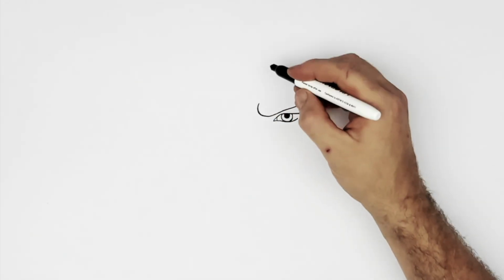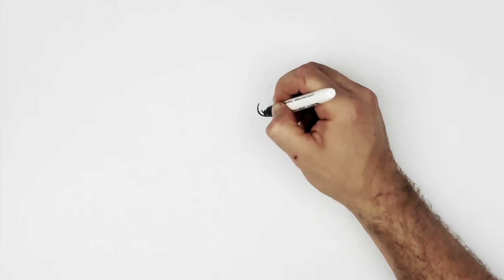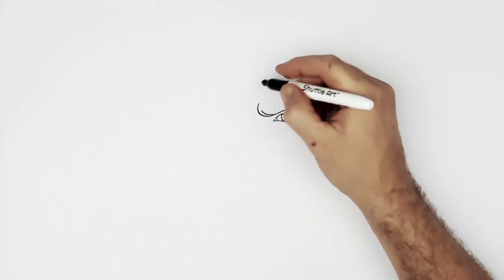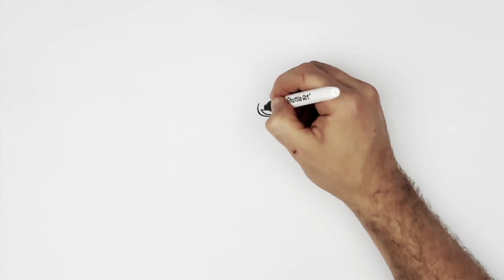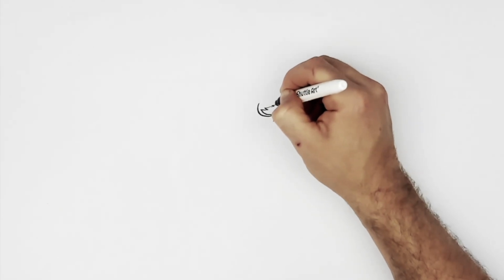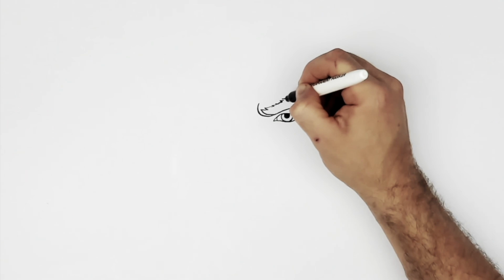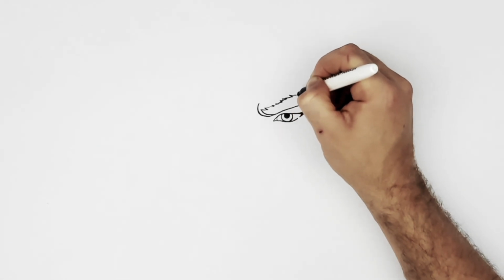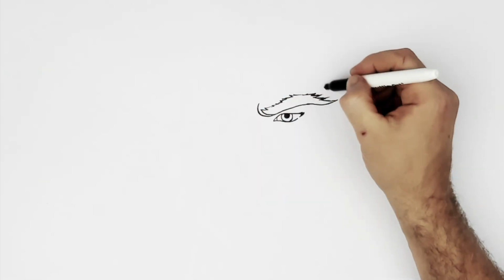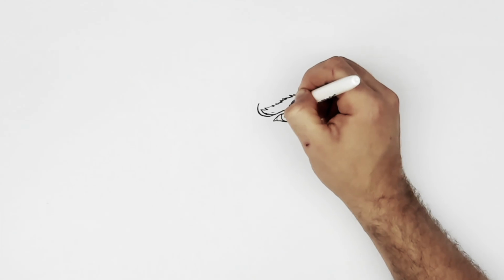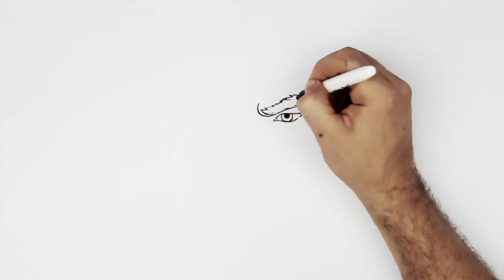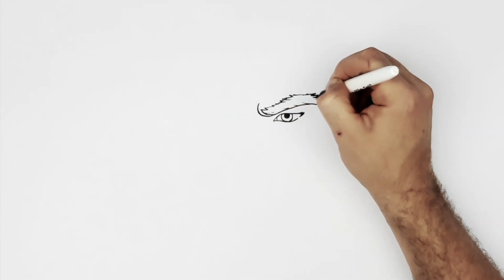Right, and then the front of it kind of just here, and then they go back this way. And if you want, you can add a bit of texture to it. Okay.